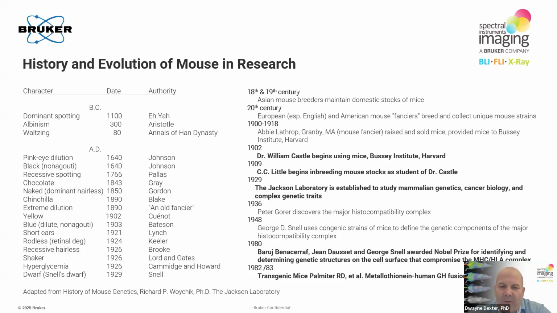And then a watershed moment for mice in their use in research was in the early 80s when Palmiter et al. produced the first transgenic mice expressing a human gene. So this really started a shift in how we thought about using mouse models in understanding human biology, and in particular human disease.